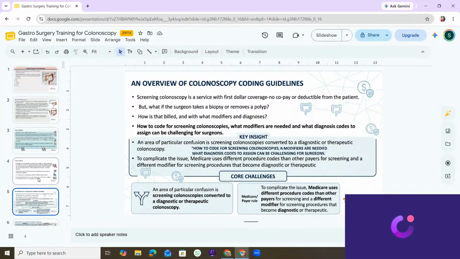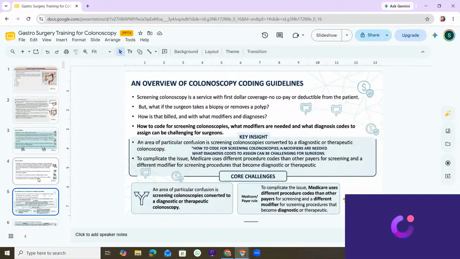An overview of colonoscopy coding guidelines. A screening colonoscopy is a service with first dollar coverage, no copay or deductible from the patient. But what if the surgeon takes a biopsy or removes polyps? In that scenario, what will we think? Please comment. How is that billed and with what modifier?